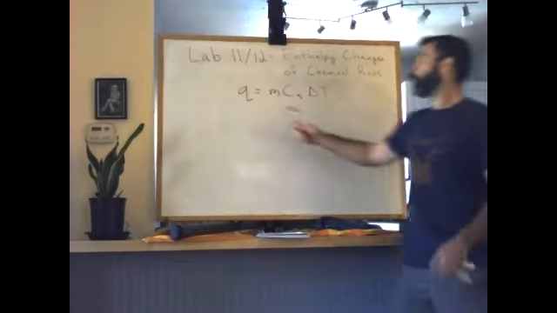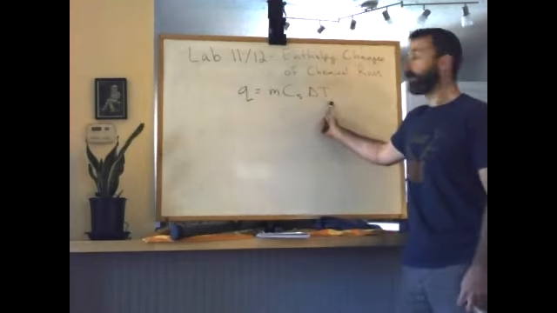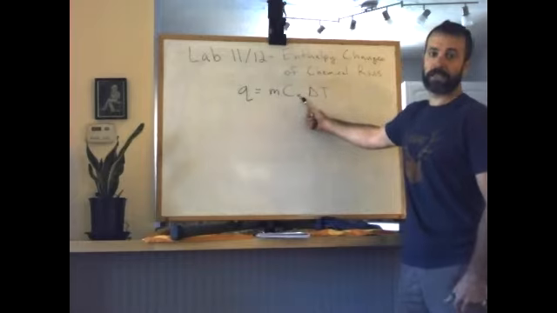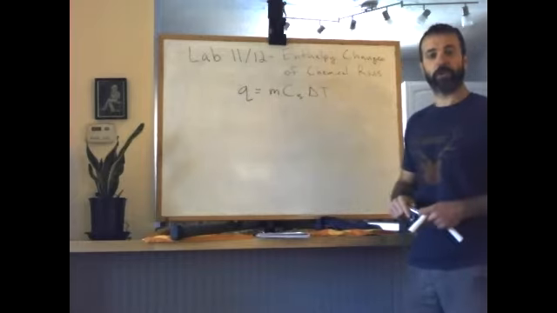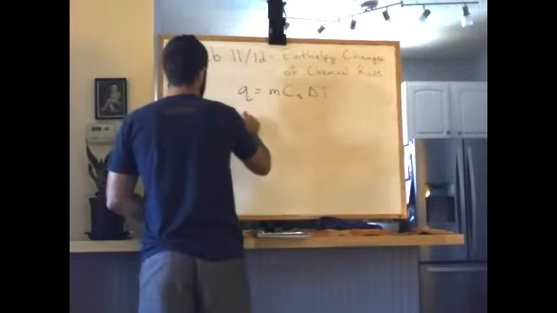Okay, so in this lab, we're trying to relate a heat to a change in temperature. In this equation, M is the mass, CS is the specific heat, and delta T is the change in temperature. So for example, what if we had 5 grams of water?